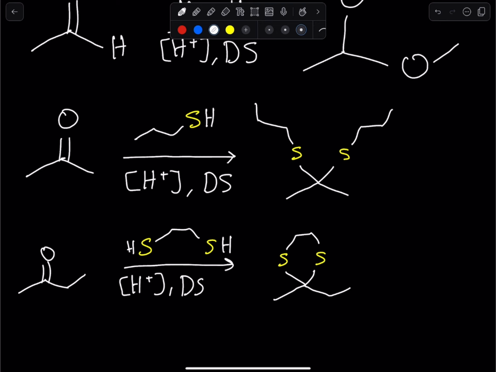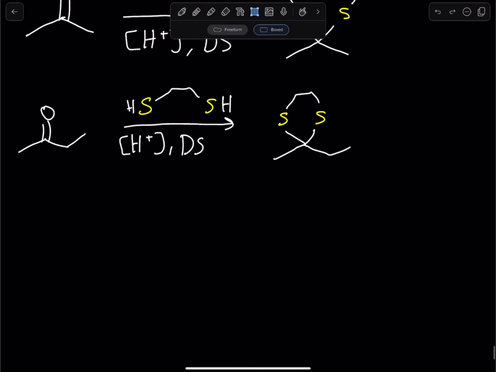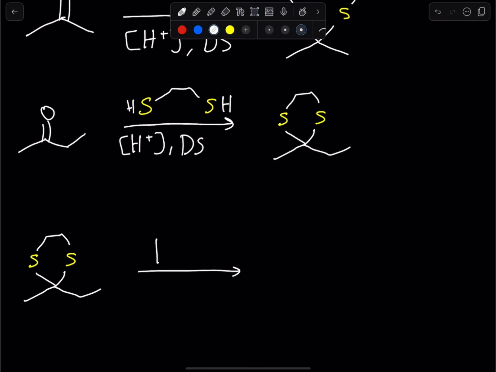The only utility of this, besides the fact that it's not an oxygen, is that if you take this guy and you react it with something called Raney nickel, it will get rid of that whole thing and you get an alkane. So that whole thingamajigger is gone.